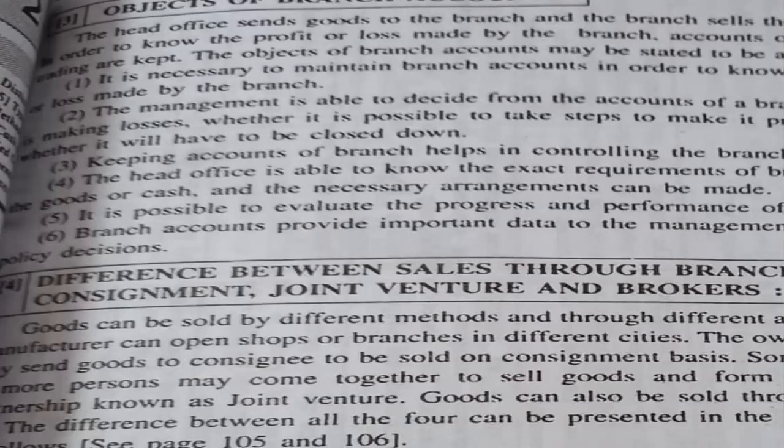So our first, or we can say our main objective, is to check for the profit or loss of the branches.